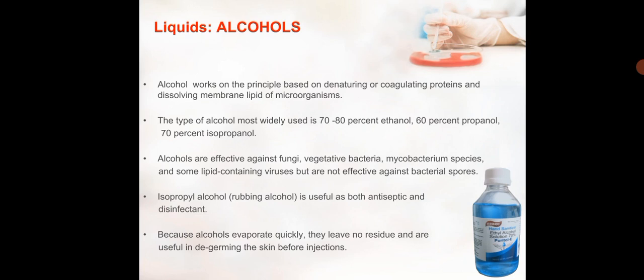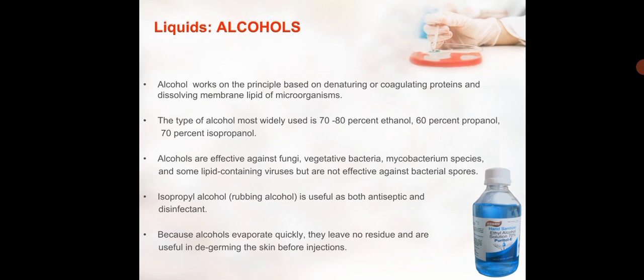Alcohols. Alcohols work on the principle of denaturing or coagulating proteins and dissolving membrane lipids of microorganisms. The types of alcohol most widely used are 70% ethyl alcohol, 70 to 80% ethanol, 60% propanol, and 70% isopropanol.